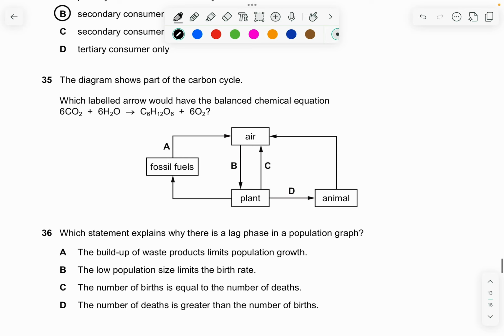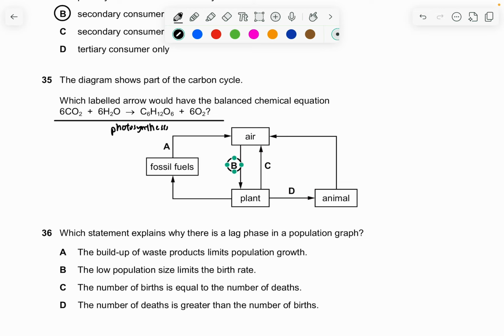Question 35. The diagram shows part of the carbon cycle. Which labeled arrow would have the balanced chemical equation, which is actually this? This is actually photosynthesis. Alright, so where can we fit this? Okay, so the air to the plant, correct.